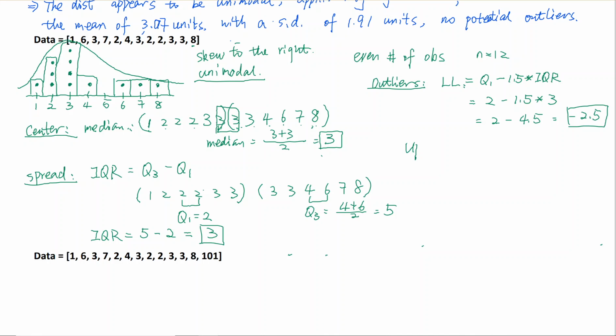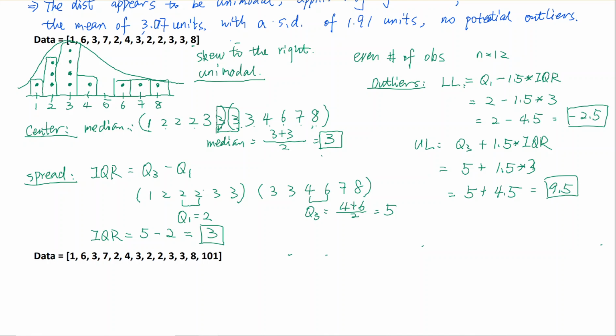Upper limit. So the upper limit will be Q3 plus 1.5 times IQR. All right, so it will be Q3, which is 5, plus 1.5 times IQR, which is 3, right? So it will be 5 plus 4.5, which is 9.5, right?